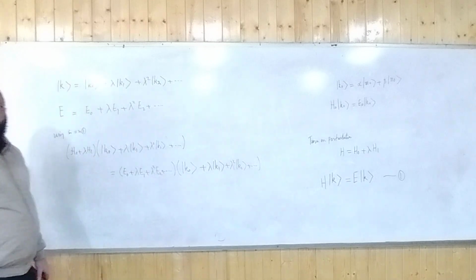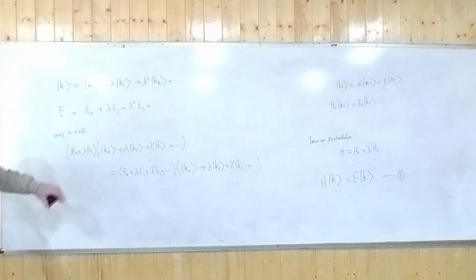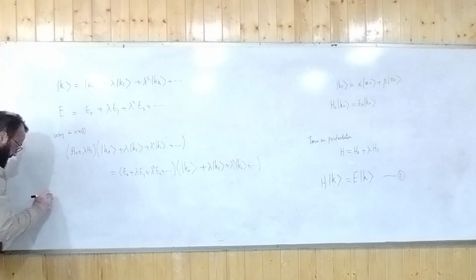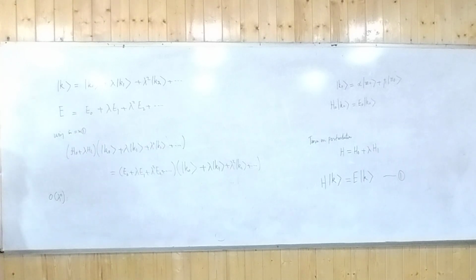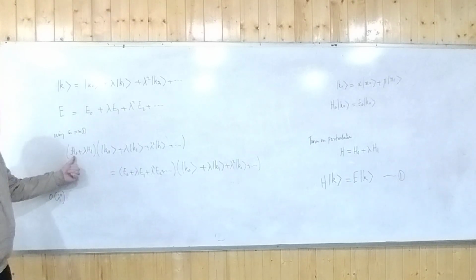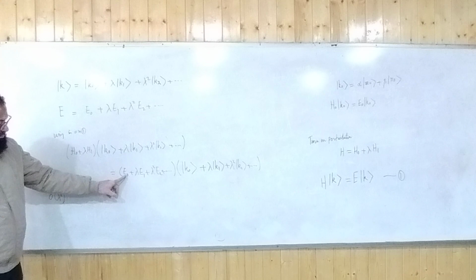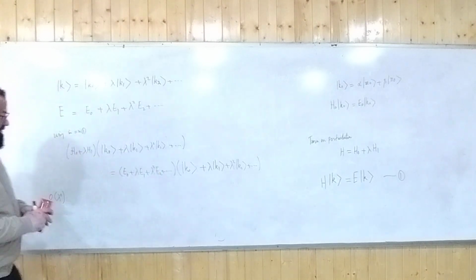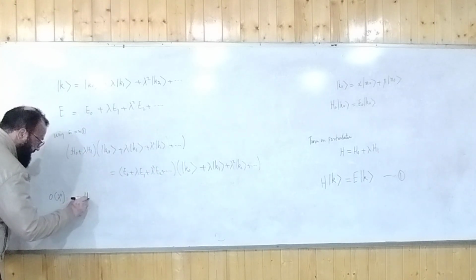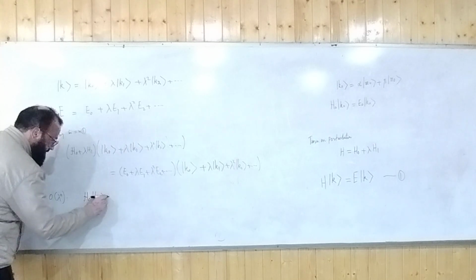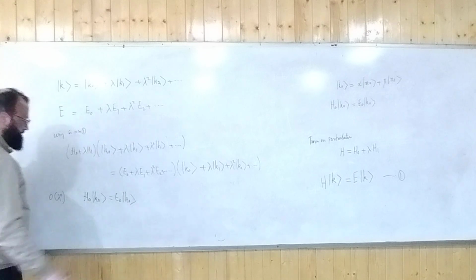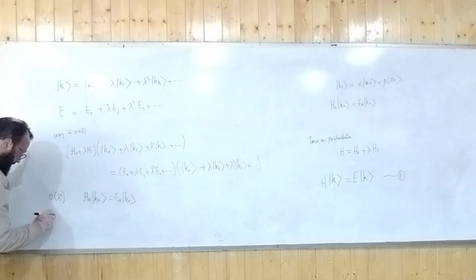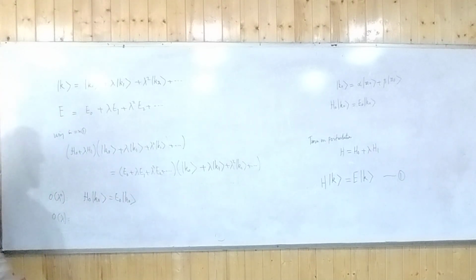Okay, so now let's gather the terms by orders of lambda. Let's take order lambda 0, that means the zeroth order correction. You are having H0 acting on |k0> on one side and E0 on the other, so you are having this very equation: H0|k0> is equal to E0|k0>. This is true. Now let's take the order of lambda. We'll go up to the order of lambda.